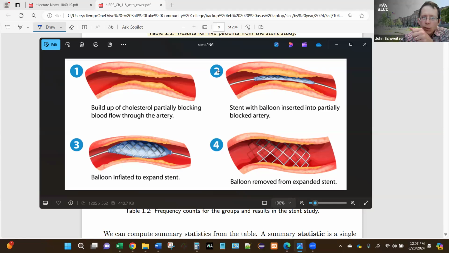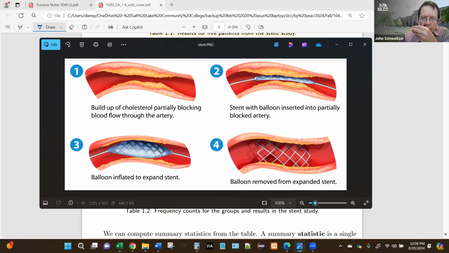So the way it works, if you look down here in the 4th graphic, it's basically a tubular wire mesh. Inside the wire mesh, they'll put a balloon, and inside the balloon, they have a wire. And so they collapse the stent and the balloon down so it's small, and they can slide it in the partially blocked artery.